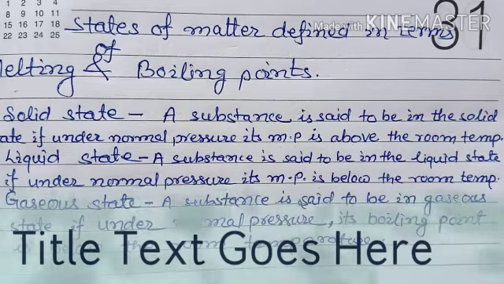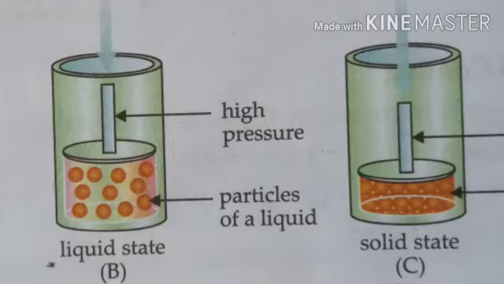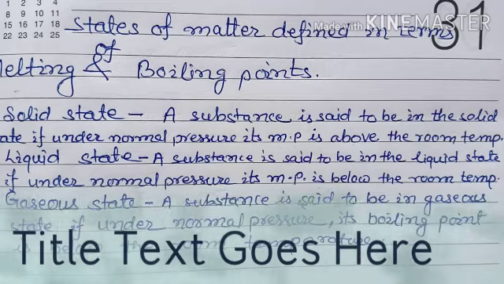So they come close on applying pressure and get converted into the liquid state. But compression of liquid or solid is very difficult due to the negligible impact of pressure on liquids and solids.